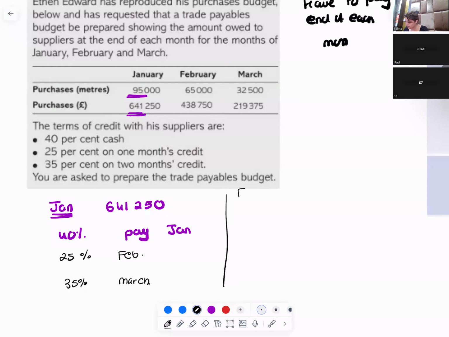Similarly for February, 438,750: 40% I will pay in Feb, 25% I will pay in March, and 35% I will pay in April.